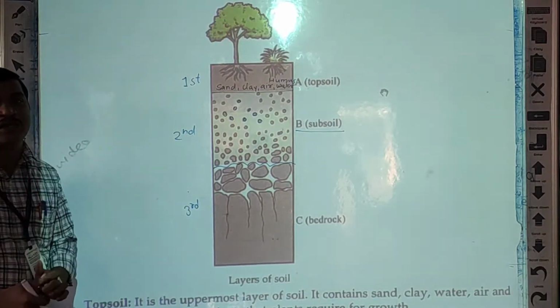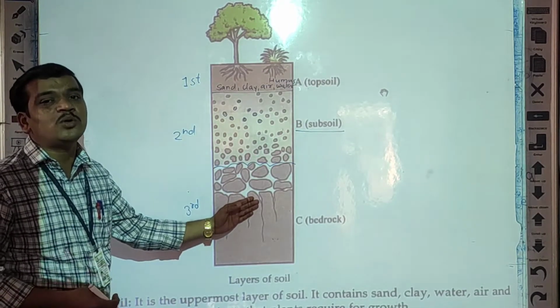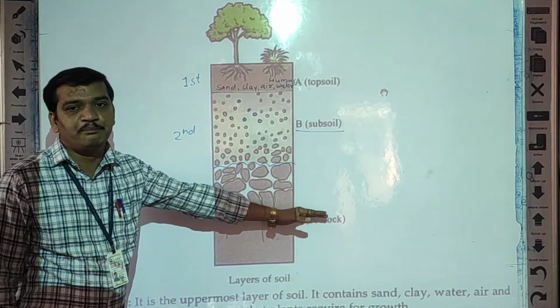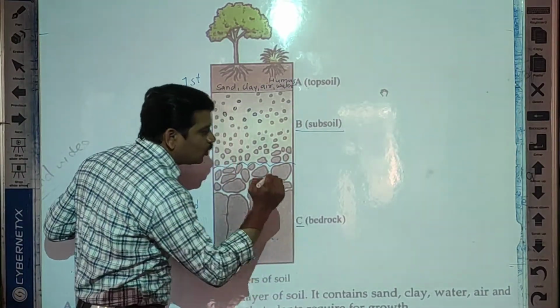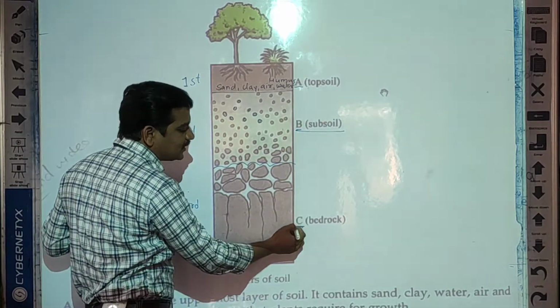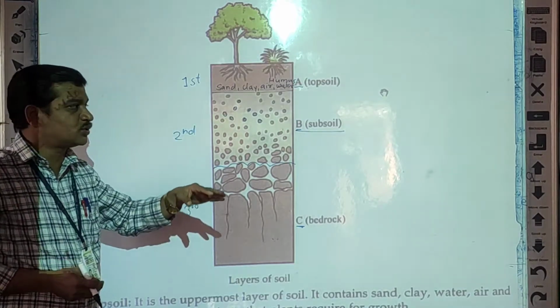Now the next layer, that is called the third layer. Below the subsoil, there is one more layer of soil, and that layer is called bedrock, or we can also call it C horizon. This is A horizon, this is B horizon, and this is C horizon. So there are three kinds of horizons, okay?